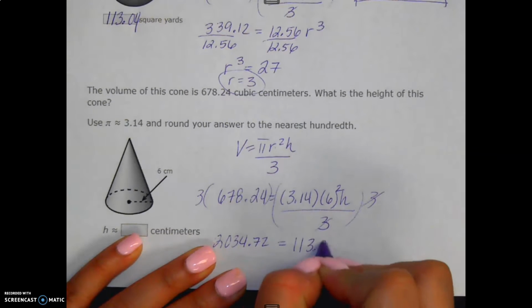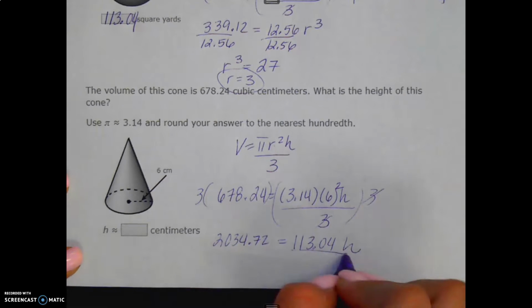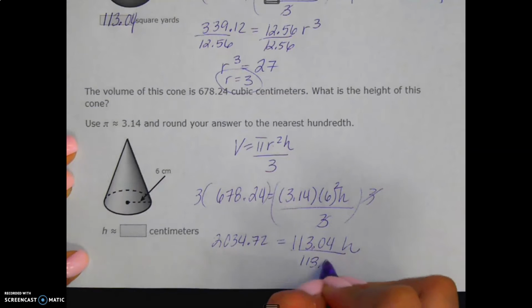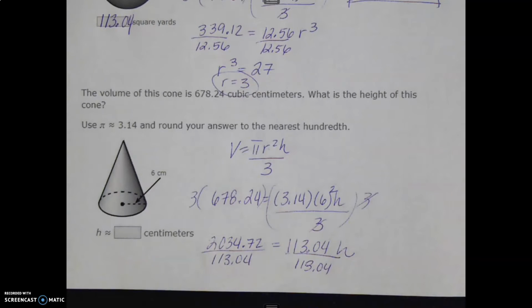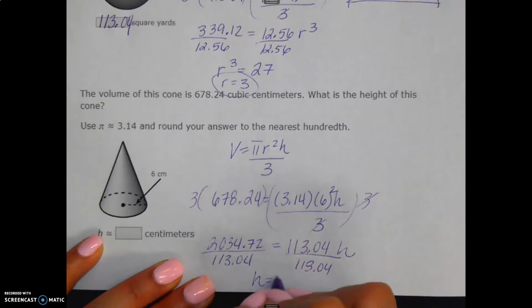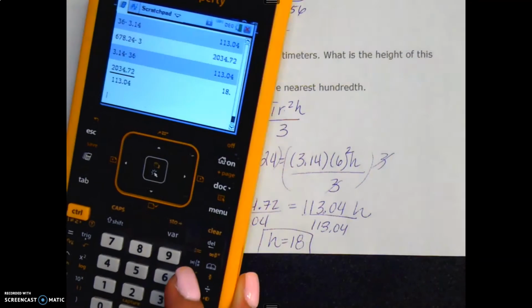So that's 113.04h. Divide both sides by 113.04, and I'm getting a height of 18 exactly. A height of 18.